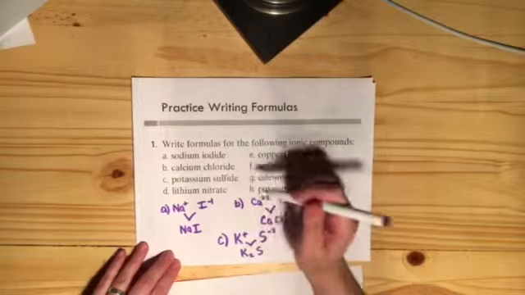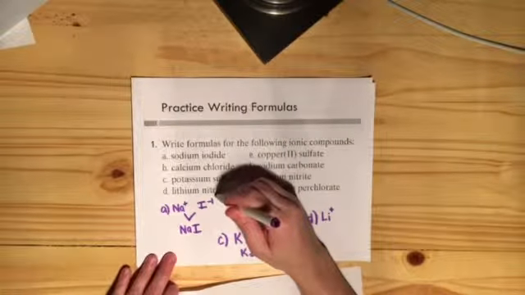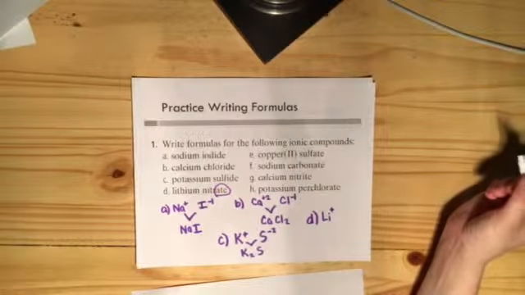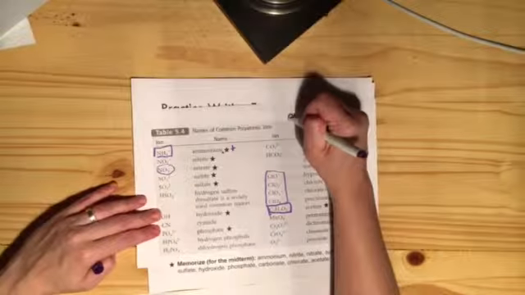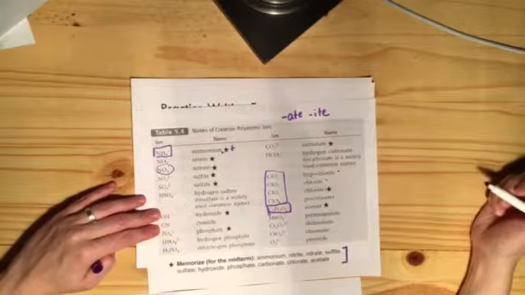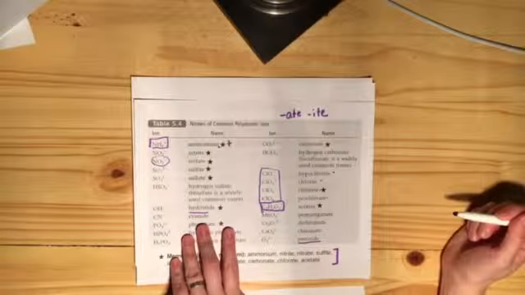D, lithium nitrate. Lithium is in the +1 group, nitrate. And so here you might think, oh, it's nitrogen, but that ends with "ide." If it ends in ate or ite, it's going to come from this chart. So if you look at these, a lot of them end in ate or ite. There's only a couple ides that can get confusing: hydroxide, peroxide.